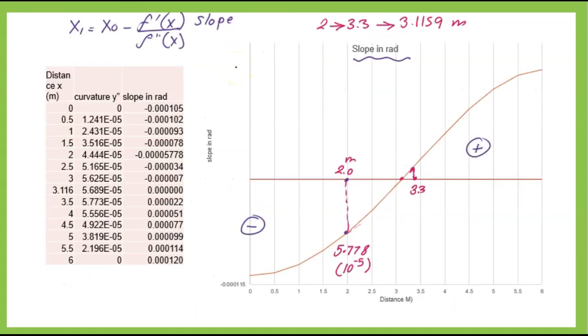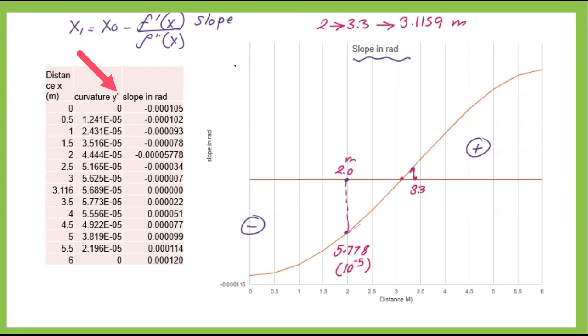In the next slide, there is a tabulated graph. This is the Excel sheet in which there is one column for the distance x, with different values from 0 to 6 meters, and the second column represents the curvature value y double dash, starting from 0 and ending at 0, for x equal to 0 to x equal to 6.